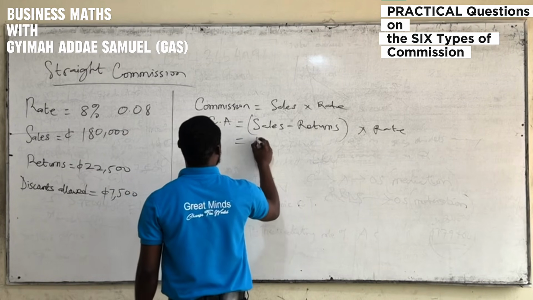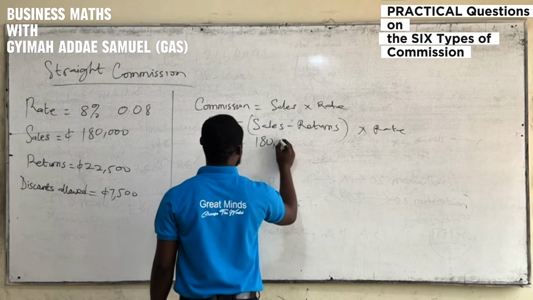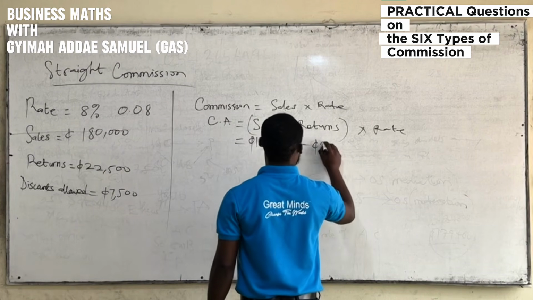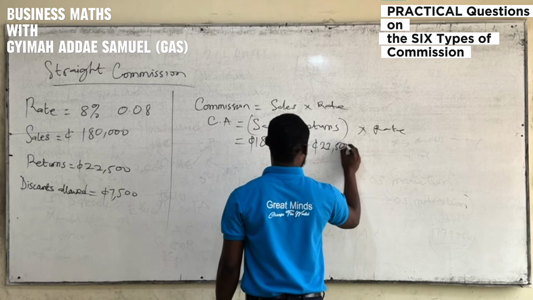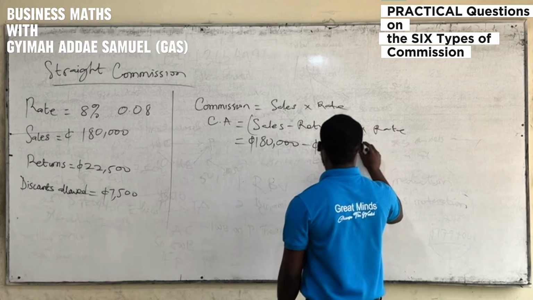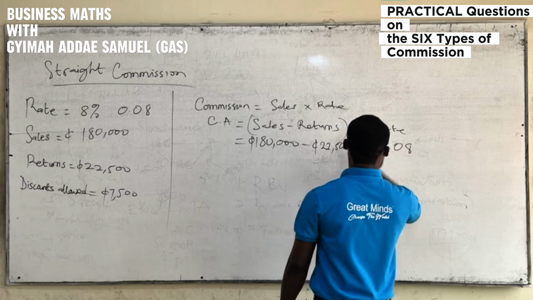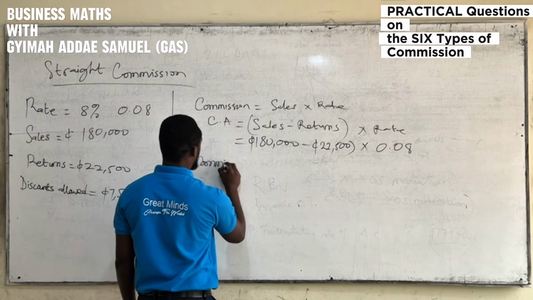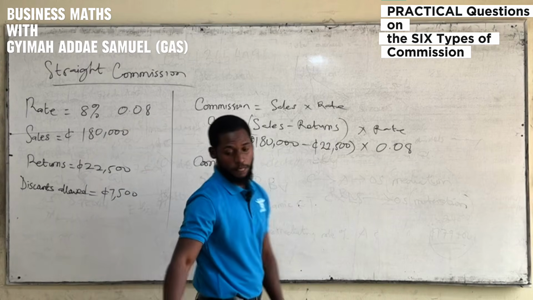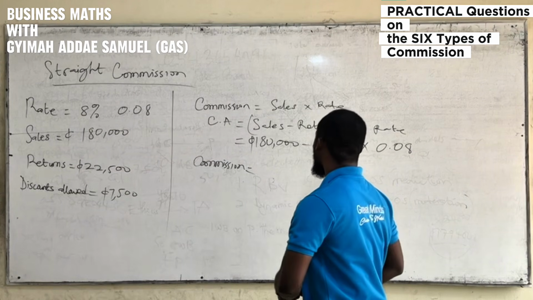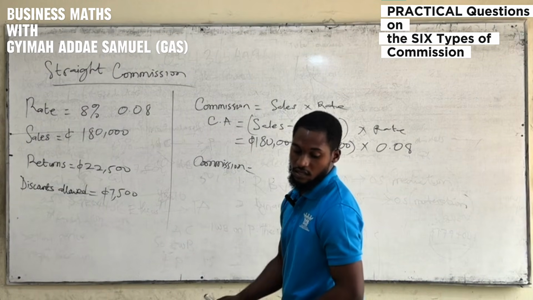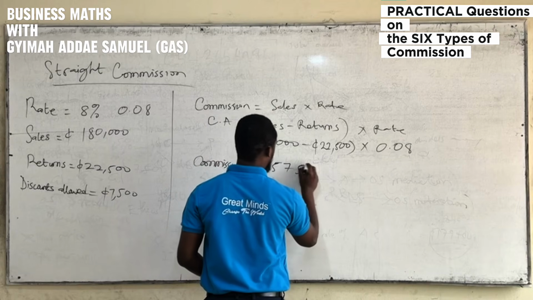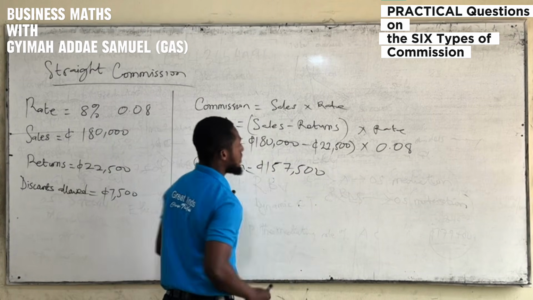So now let's fix in our apparatus. The sales was given as 180,000 Ghana cedis. Returns, 22,500 Ghana cedis. Now our rate is 0.08. Therefore, our commission amount is 157,500 Ghana cedis.